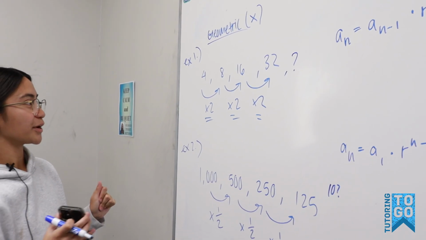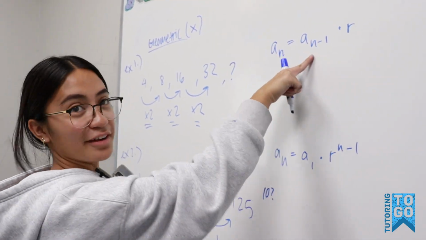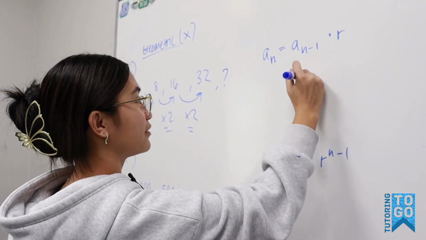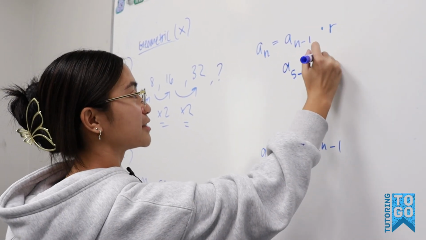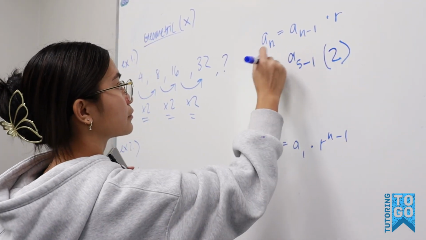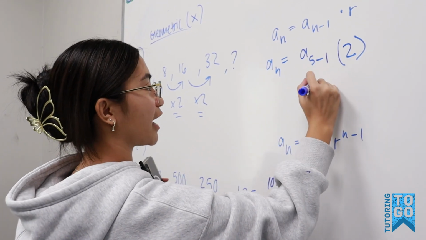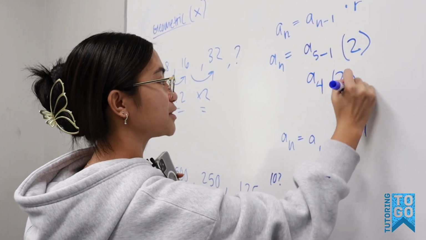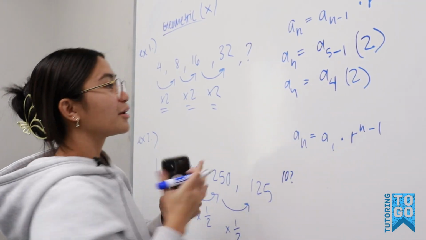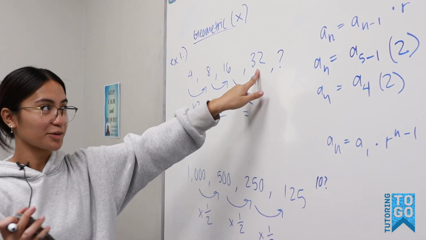So let's say we want to know the fifth term. We plug in 5 for n, so we have a of 5 minus 1 times our common ratio, which is 2. 5 minus 1 is a 4 times 2. And if we look back to our terms, we already know what the fourth term is.